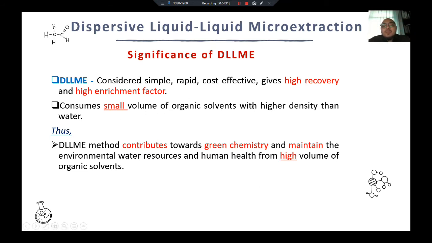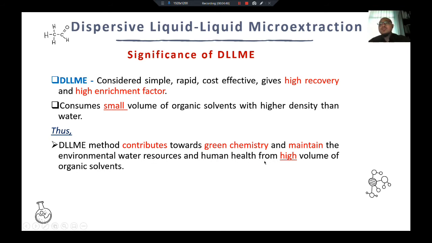It consumes a small volume of organic solvent with higher density than water. This is the normal DLLME; later I will talk about the second one. The DLLME method contributes towards green chemistry and maintains environmental water resources and human health, by avoiding high volumes of organic solvent.